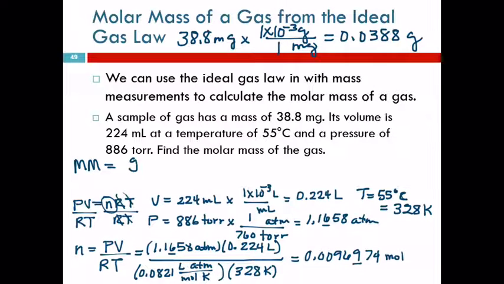Okay, grams per mole. We'll just blame it on lack of caffeine. Okay, so we figured out the grams earlier. And we're going to divide by the number of moles. This is looking better.